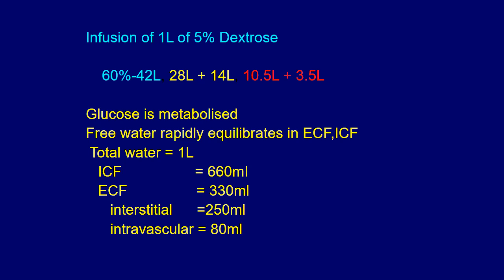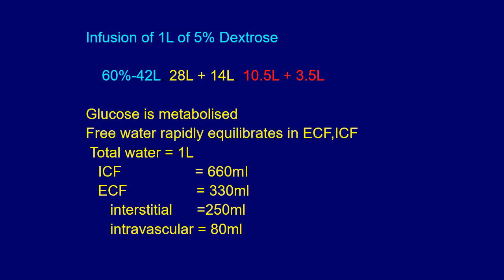And out of this extracellular fluid water, 75% will be going into the interstitial compartment. So 75% of 330 will be roughly 250 milliliters, and only 25% of what has come to the extracellular fluid will be remaining in the intravascular compartment.